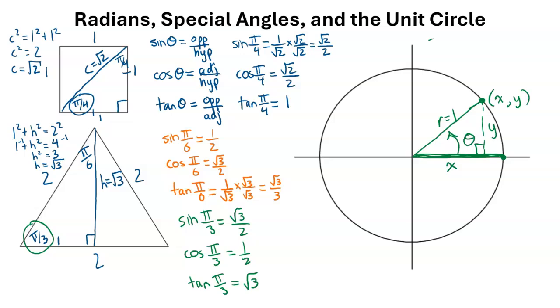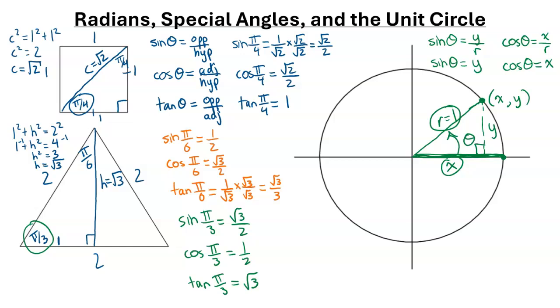Well, sine of an angle is equal to the opposite side over the hypotenuse. So it's y over r. Well, if r is 1, that means that sine theta is equal to y over 1, which is just y. Cos theta is equal to the adjacent over the hypotenuse. So that's x over r. Again, if r is 1, that means that cos theta is equal to x.